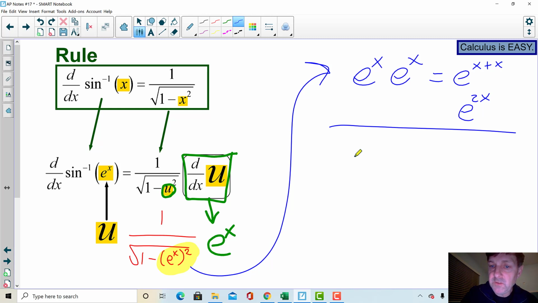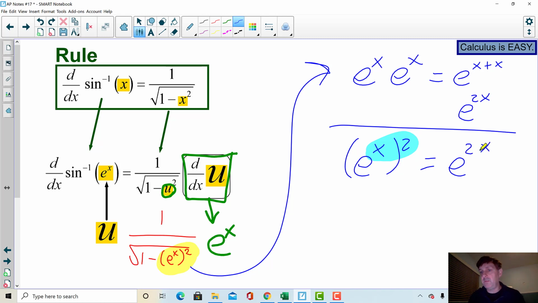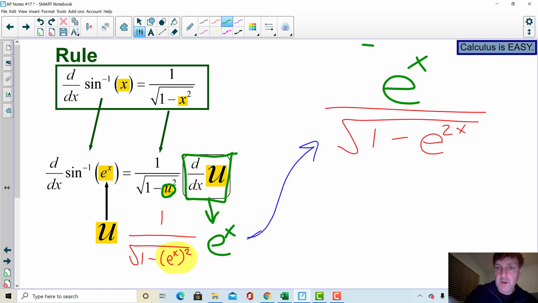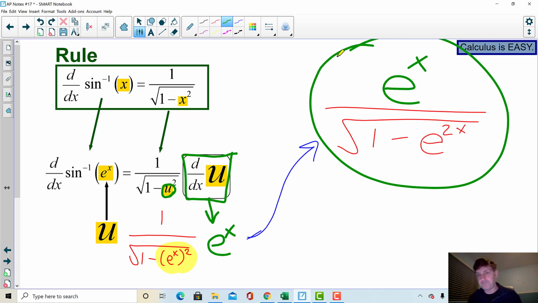Another way to think about it is that you have e to the x squared. The way that I remember it is when these two things are next to each other, you can just multiply them. So this is going to give us e to the x times 2, and that's the same thing as e to the 2x. So this part down here is just going to be e to the 2x. And now we're done. This is the final answer.